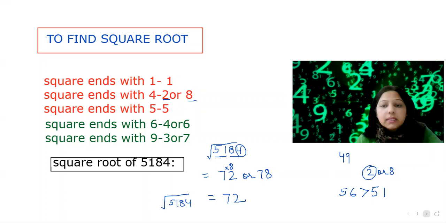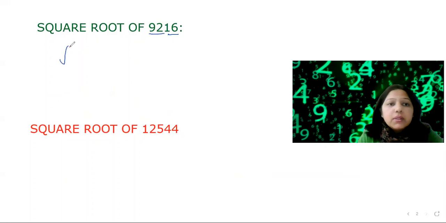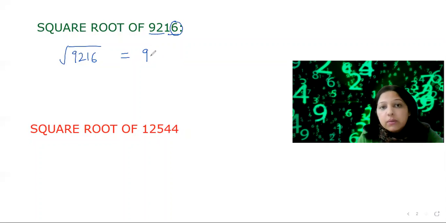Now take another case like the square root of 9216. We will do the same process, arrange in pairs. 92. Now for 92, the nearest square is 81, which is the square of 9. So the first digit will be 9. Now you can see it is ending with 6, so the square root can be 94 or it can be 96.